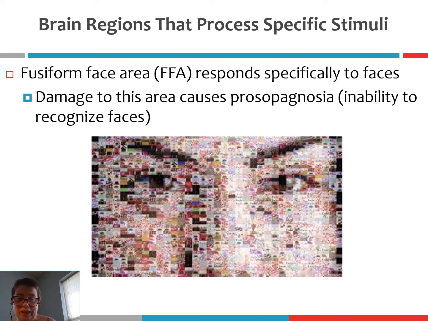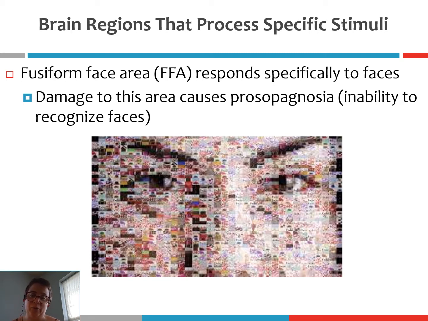Also, a compelling piece of evidence that seems to support the idea that the fusiform face area is a specific brain structure that specializes in recognition of faces is that individuals who have damaged this particular region of the brain as a result of stroke or some sort of traumatic brain injury are no longer able to recognize faces.